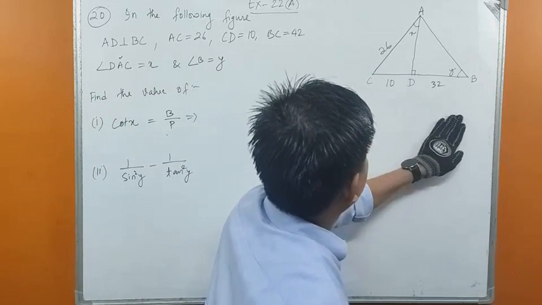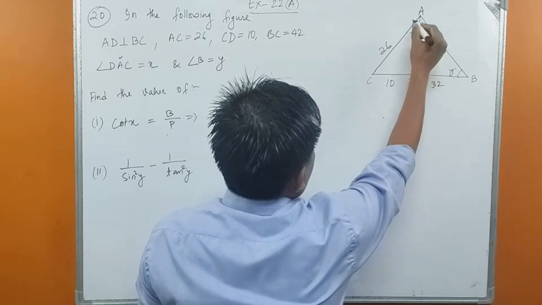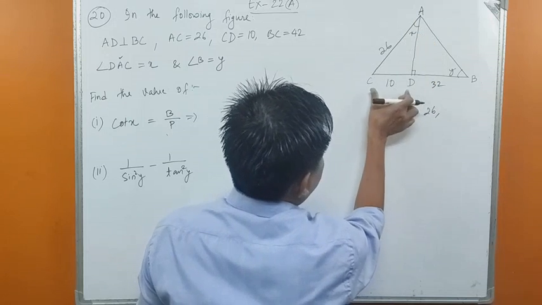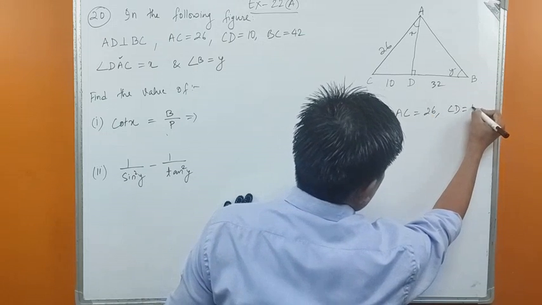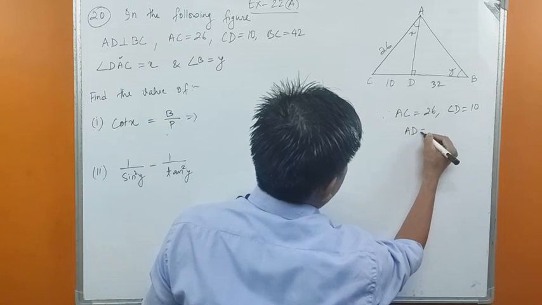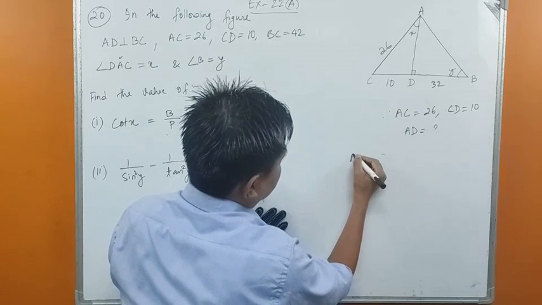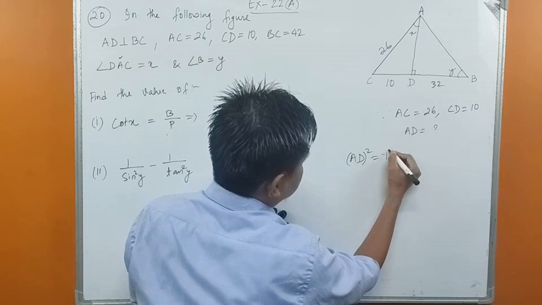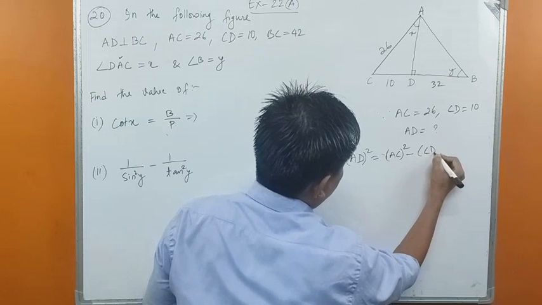Using Pythagoras theorem, since we have AC, that is hypotenuse, equals 26, CD equals 10, perpendicular is 10. Now AD, base equals question mark. Now AD square, applying Pythagoras theorem, AD means base square equals hypotenuse square, means AC square, minus perpendicular square, CD square, isn't it?